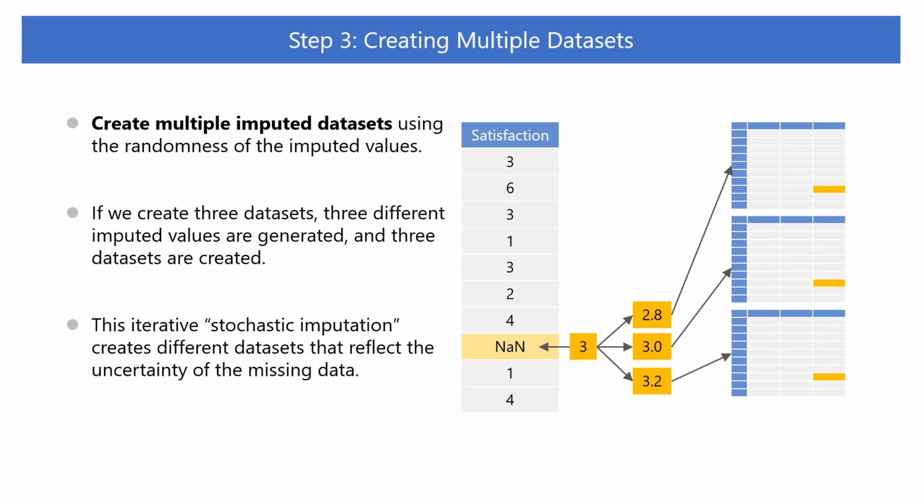This iterative stochastic imputation creates different datasets that reflect the uncertainty of the missing data. This enables us to incorporate randomness and uncertainty that are not considered in the single imputation method, and thus we can perform more reliable analysis.